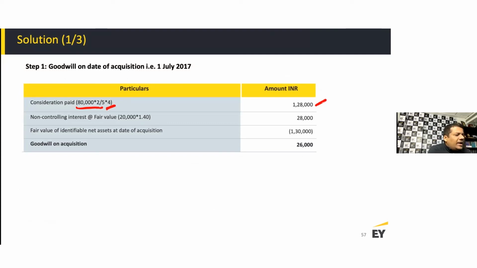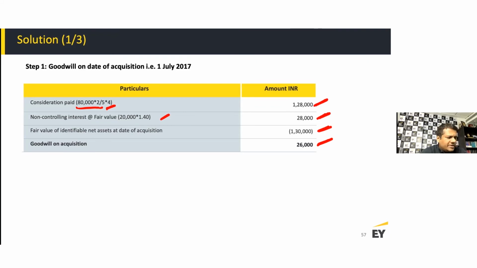That gets to 1,28,000. Then I'm going to record the non-controlling interest. 20,000 into 1.4 is 28,000. Then the fair value of the identifiable net assets acquired is 1,30,000. That means my goodwill on acquisition is 26,000.